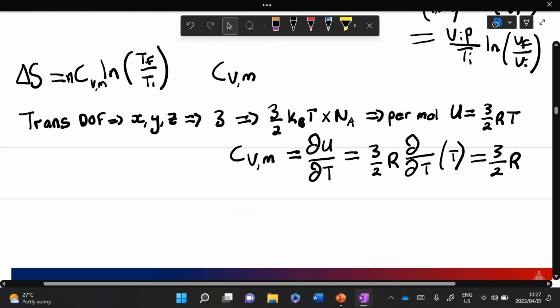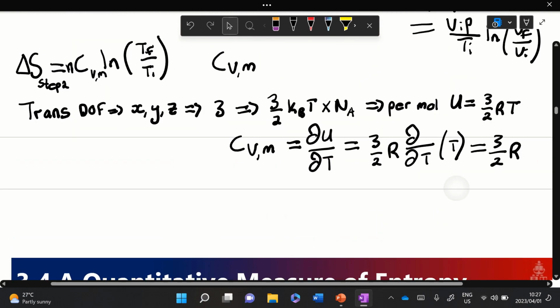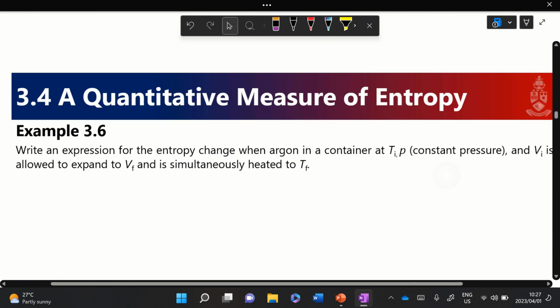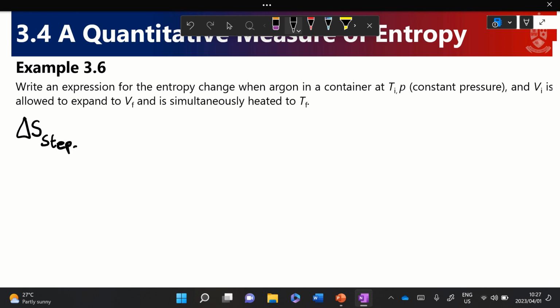So this is step 2. Let me bring those two things down. So delta S step 2, and I'm also going to substitute in our number of moles. Remember we have that n there at the front, so the number of moles is VIP over RTI.